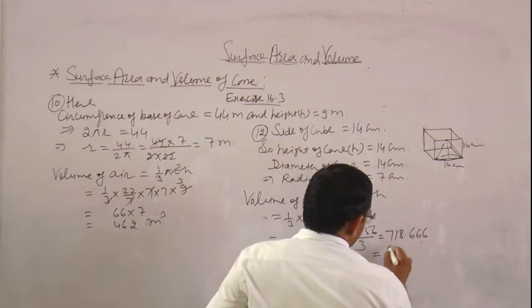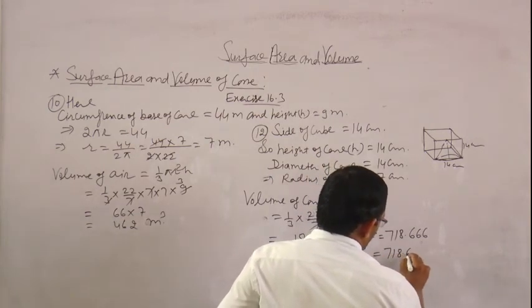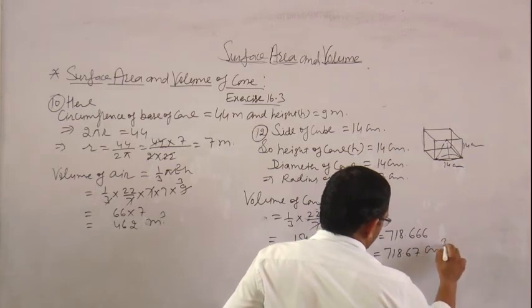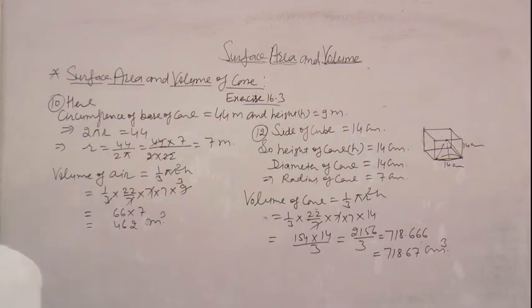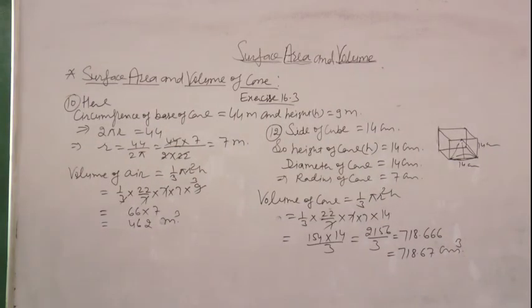If we round it, 718.67 centimeter cube. So this is the volume of cone. Volume of cone is 718.67 centimeter cube.